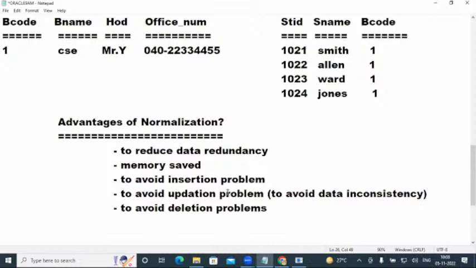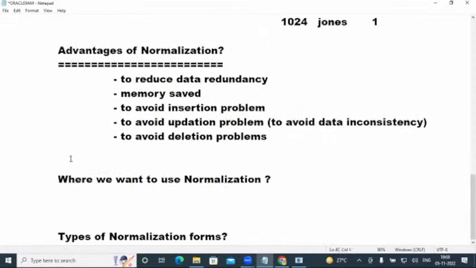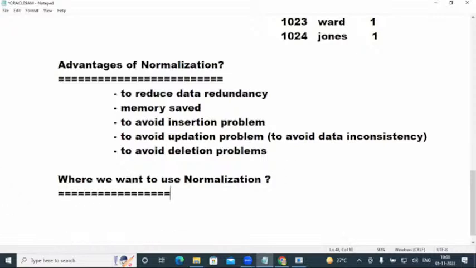So these are the advantages. And the next one is: where do we want to use this normalization? Basically, normalization techniques are used by people.